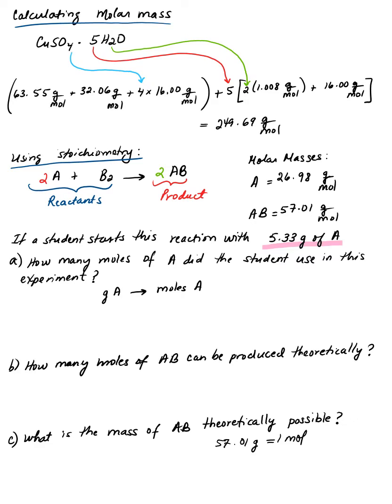So the number 2 in red in your equation is a coefficient. That coefficient is for your reactant A. Then for B2, the second reactant, there's no coefficient, so it means that you have a 1. And then on your product side, you have a 2 in green. That 2 is the coefficient that you have for your product AB.